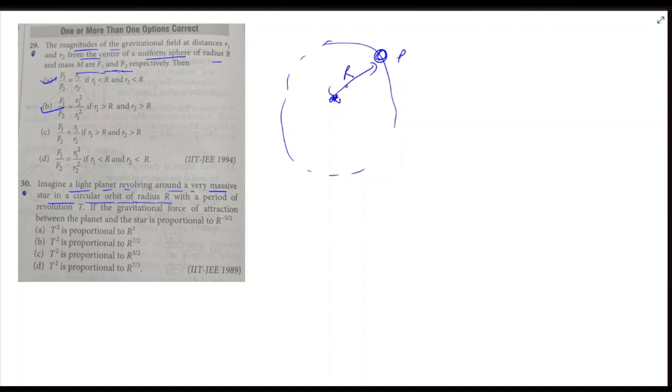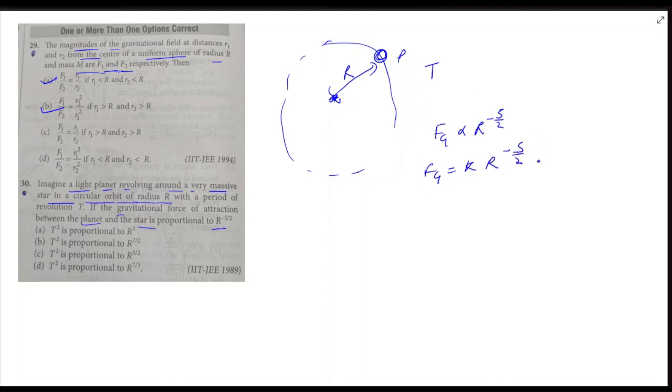The radius of the orbit is r, and the time period is T, right? The gravitational force of attraction between the planet and the star is proportional to r to the power minus 5 by 2. So we'll write Fg equals k r to the power minus 5 by 2.